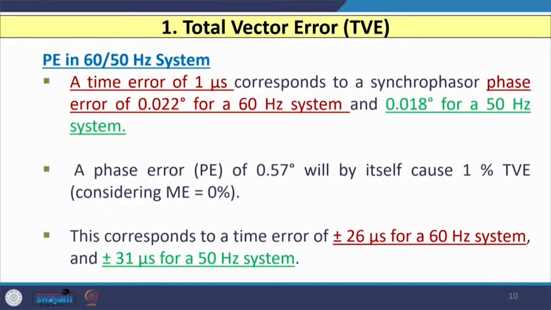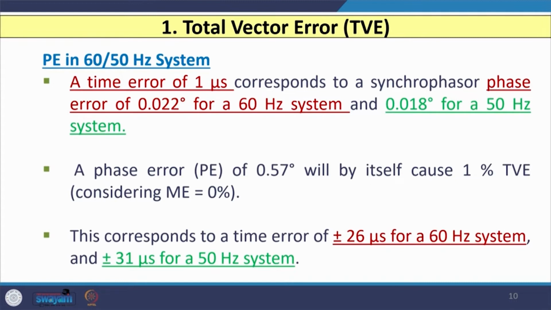Now, if I consider the phase error for a particular 50 hertz or 60 hertz system, then a time error of 1 microsecond corresponds to the synchrophasor phase error of 0.022 degree for a 60 hertz system and 0.018 degree for a 50 hertz system.